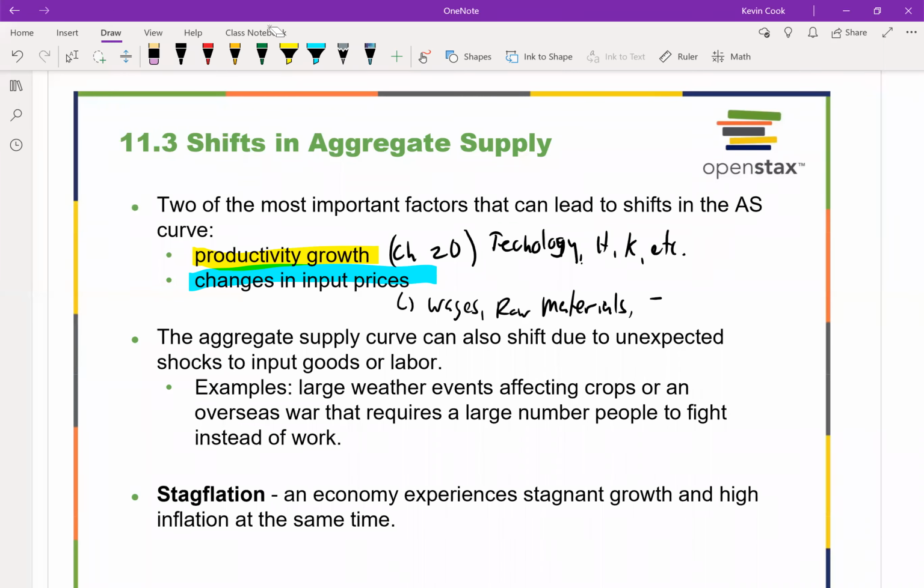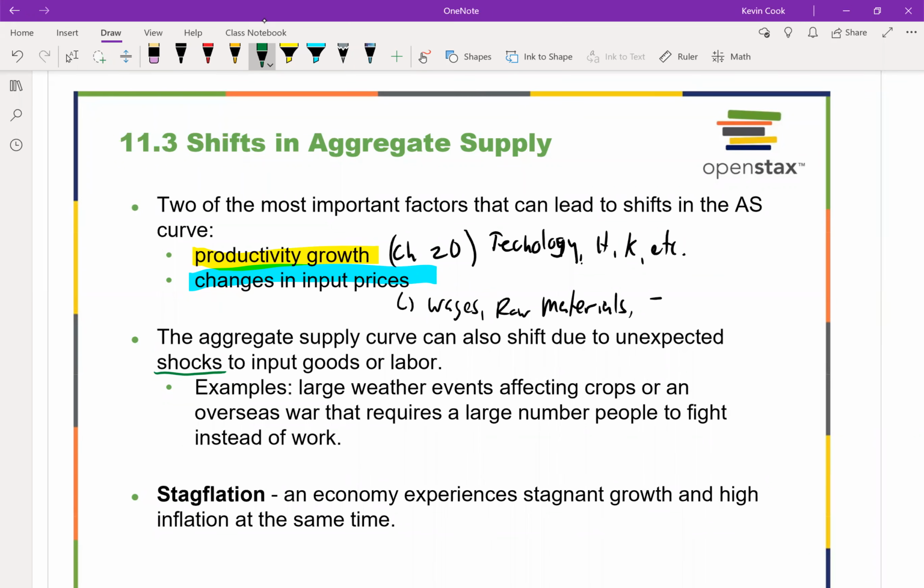And we can also have unexpected shocks that can shift things around. So right now we're probably in one of these shocks to the economy where people can't work. Maybe they're being forced to quarantine right now. Maybe they're self-quarantining, whatever the case may be.